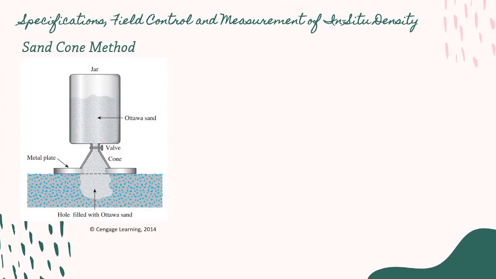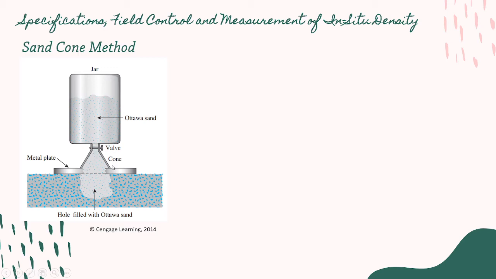So, this is the setup for the sand cone method. We have the jar, which is filled with sand. So the specific gravity of the sand is known. And then at the bottom of the jar, we have the valve to control the flow of the sand.